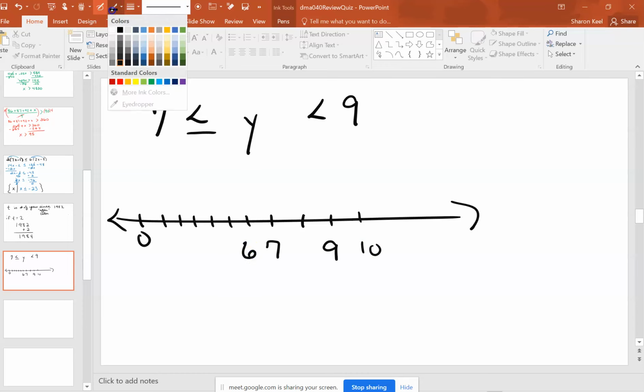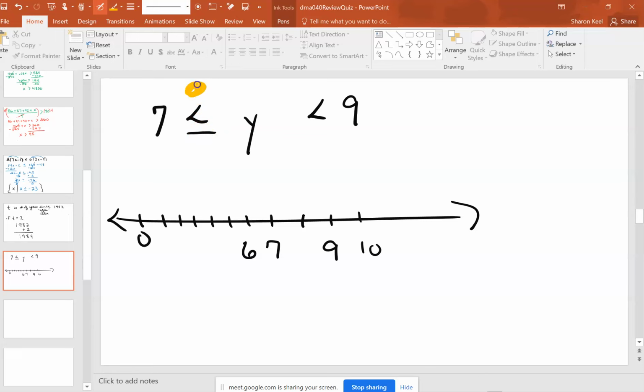All right, so if you have an inequality symbol that has an equals, you're going to use a solid circle. If you have an inequality and there is not an equals, you use an open circle.